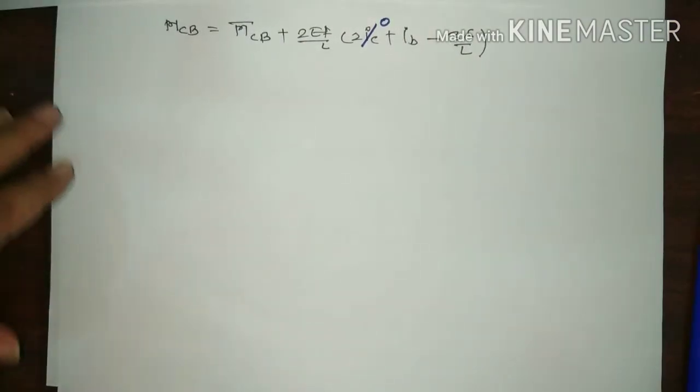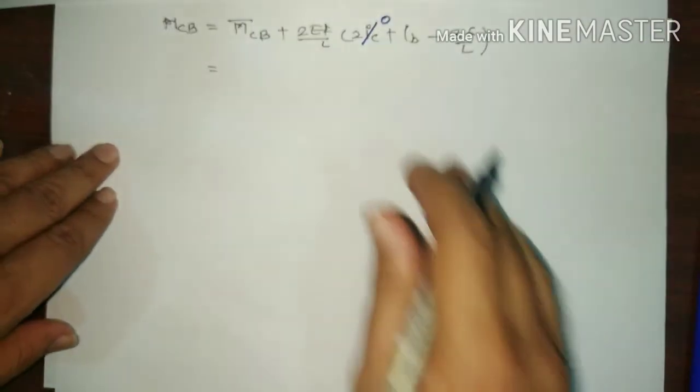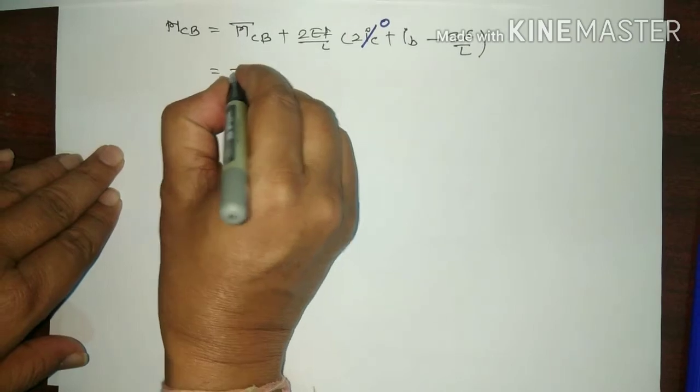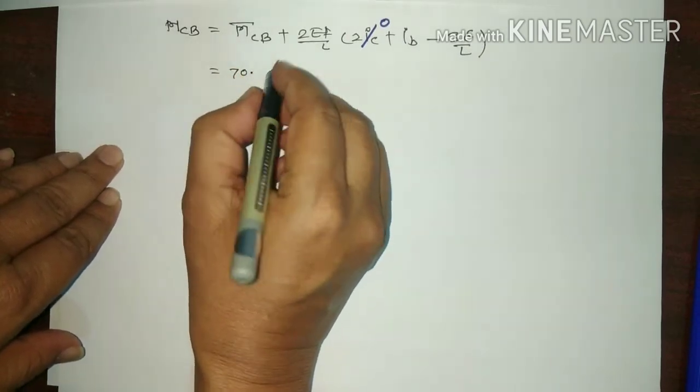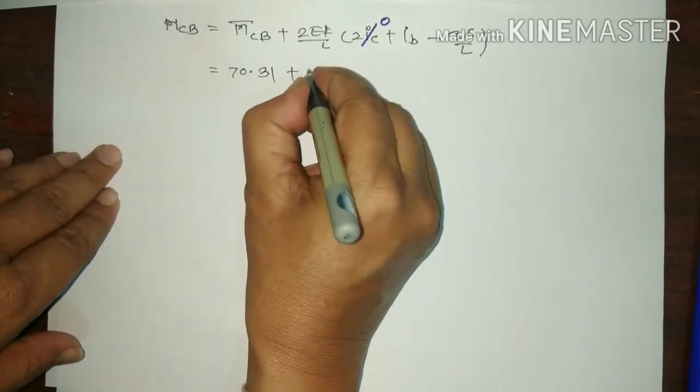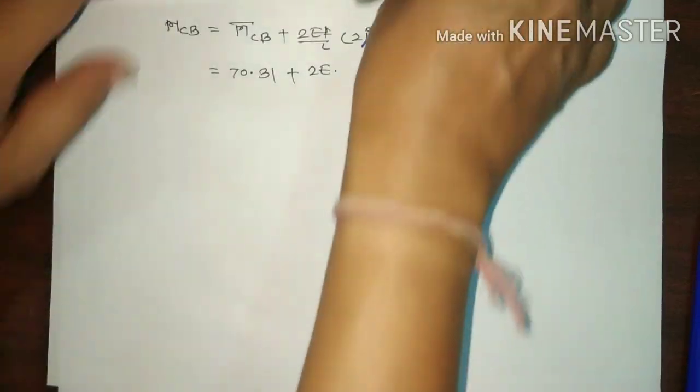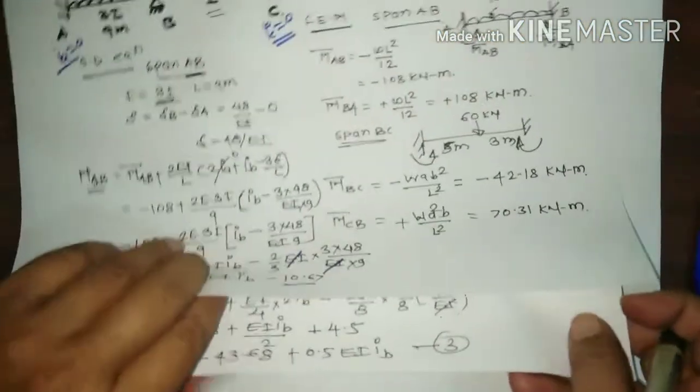Now M bar CB is how much? Plus 70.31 plus 2E. Now here the I is equal to I, already we have written here.